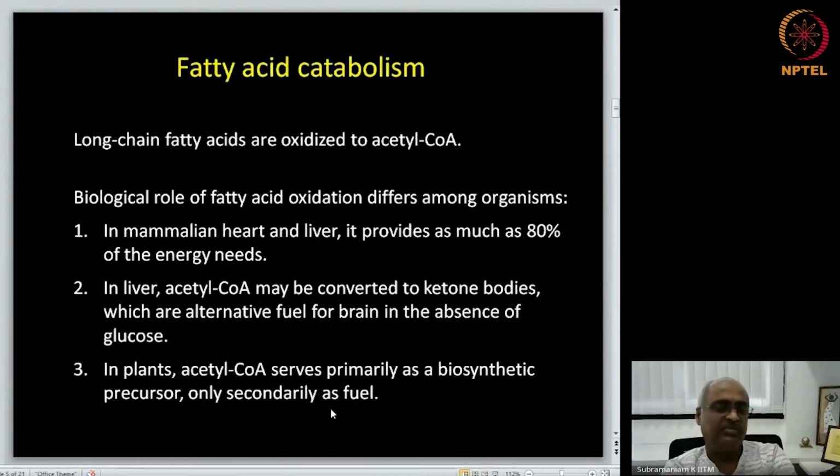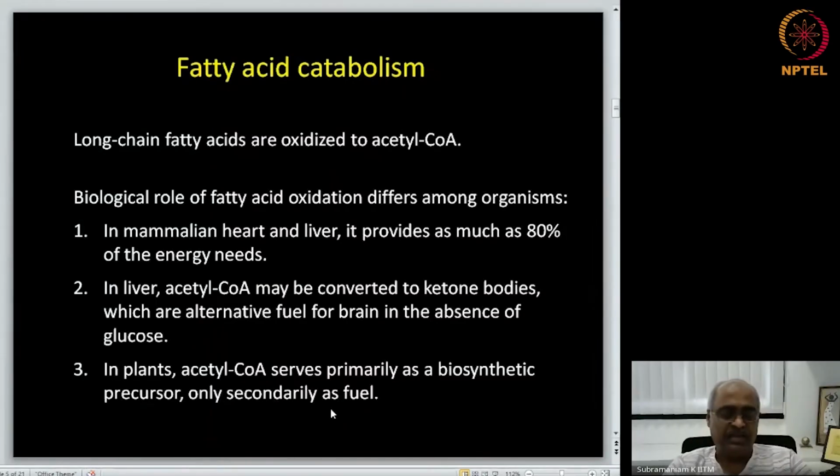Therefore we spent a lot of time learning about carbohydrate metabolism. And as I mentioned during the discussion on glycolysis, much of biochemistry has been learned, and many concepts and enzyme mechanisms have been worked out by focusing on glycolysis and the TCA cycle. So that's why we spent a lot of time on that part.